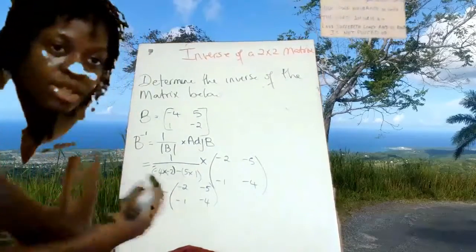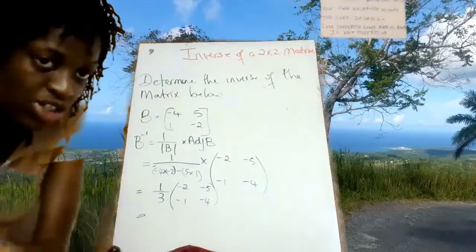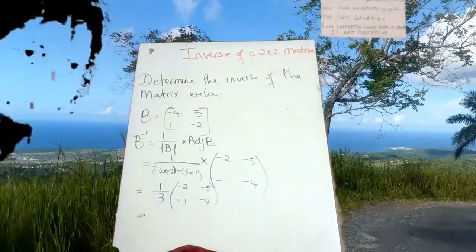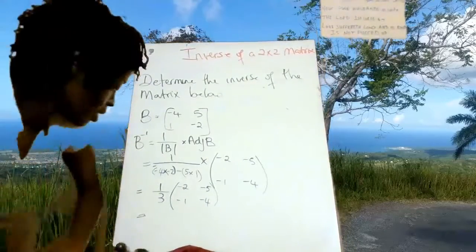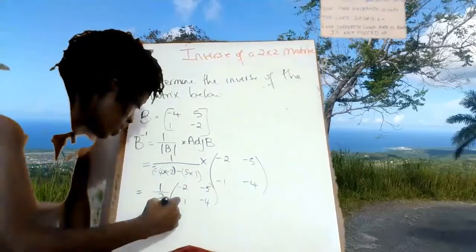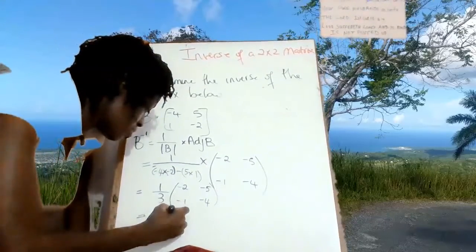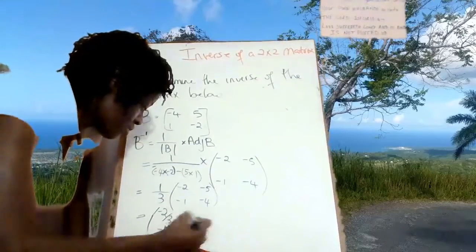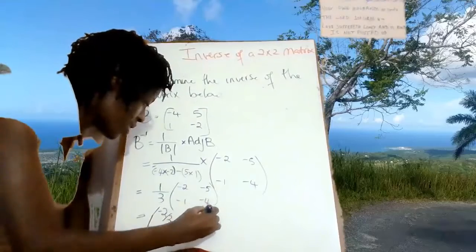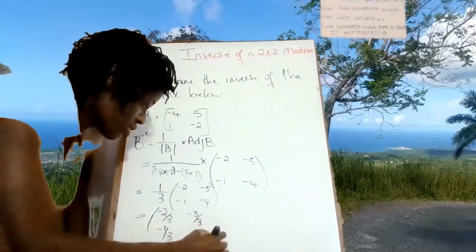And again, once you're multiplying whole numbers by a fraction where the numerator is 1, ultimately those whole numbers will actually become the numerator, right? So this is going to become ultimately -2/3, -1/3, -5/3, and -4/3.